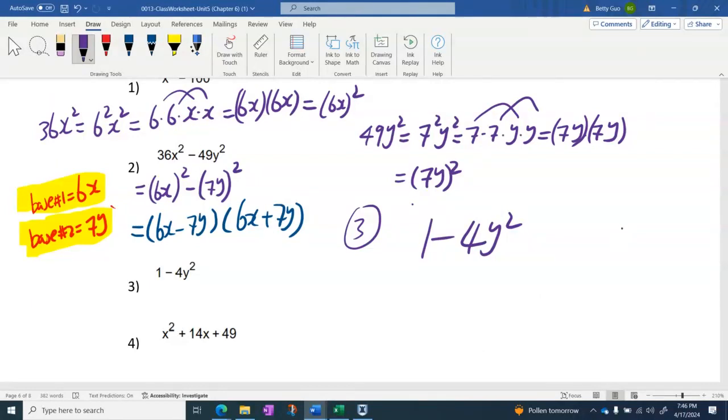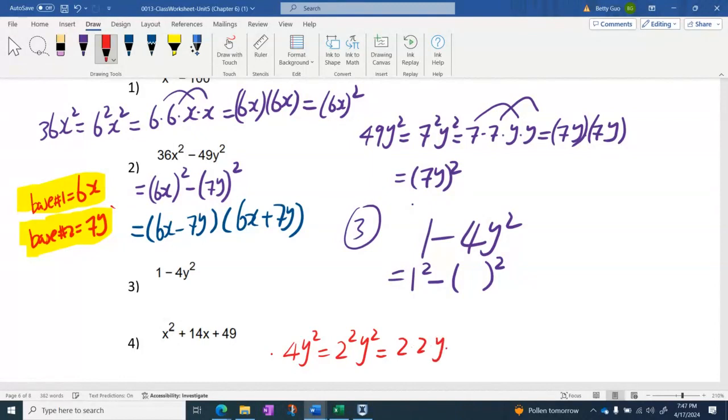Is 1 a perfect square? And how do we write the second term as a perfect square? We have 4y squared. 4 is 2 squared, and 2 squared is 2 times 2. Y squared is y times y. You can write 2y times 2y. And please share your answer in the chat.